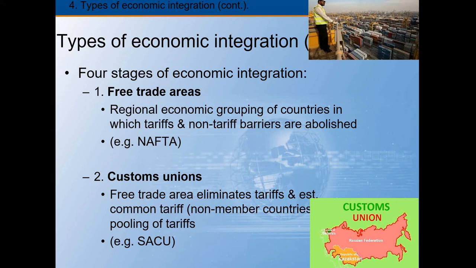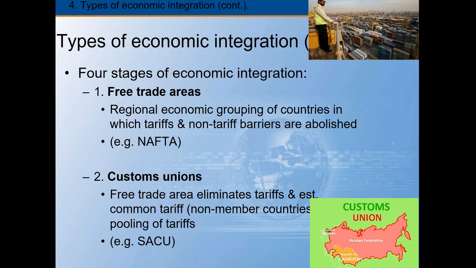But this can create problems. Why? Because one of the countries can import goods from outside and import them at a lower levy, or charge less taxes on the goods than another country does within your free trade area. This means that all this type of product will flow in through a certain country. Let's use the example of cigarettes, which are heavily taxed.